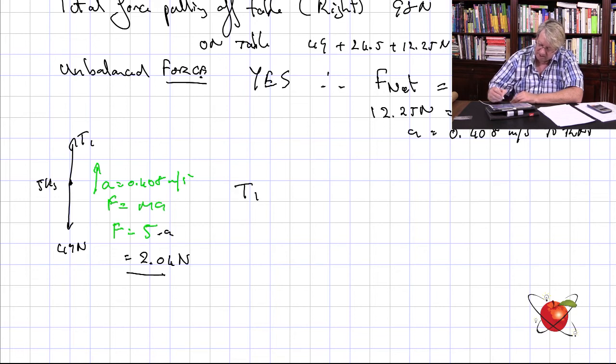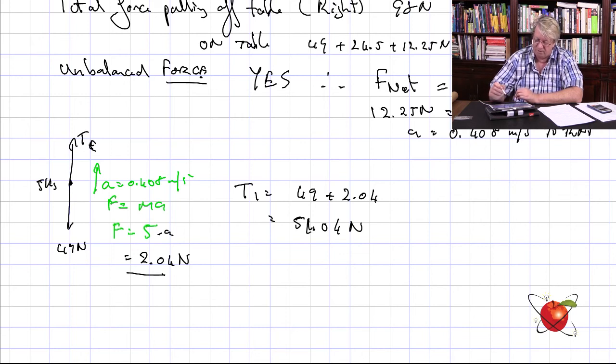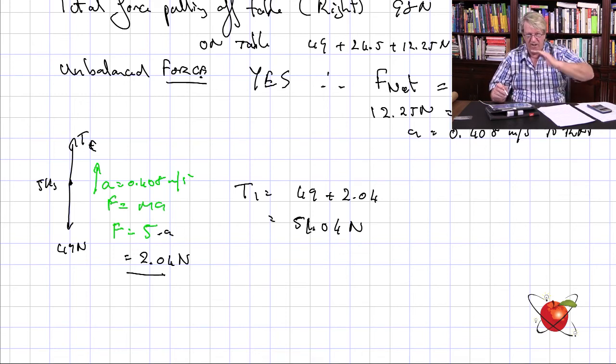Therefore, T1 is going to be 49 plus 2.04, because T1 is bigger than down, and it's bigger by that amount, which is going to give us 51.04 newtons. So that's the tension T1 pulling upwards.